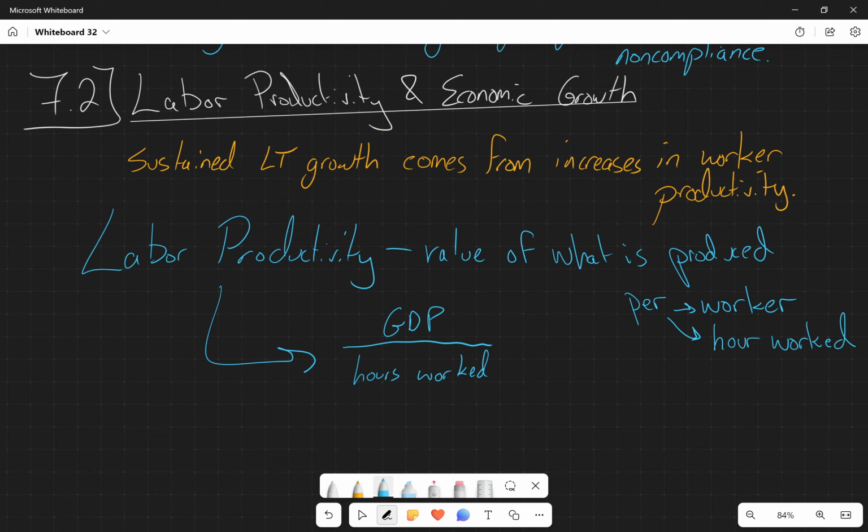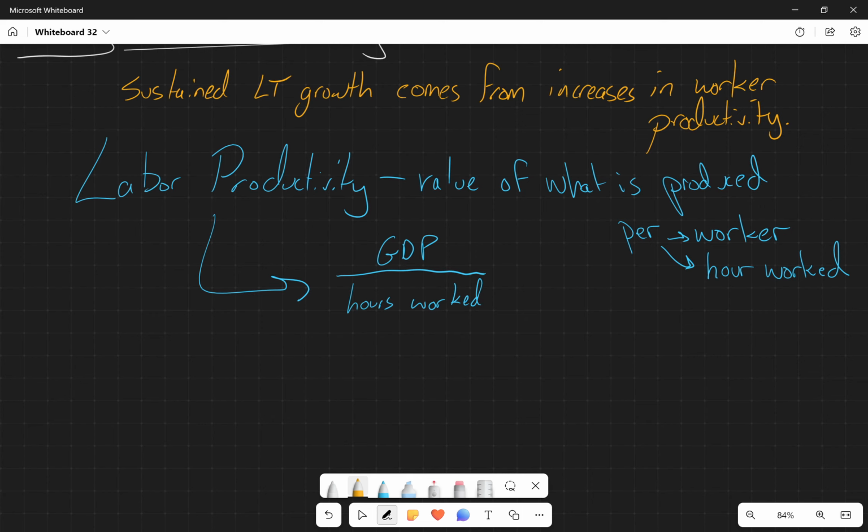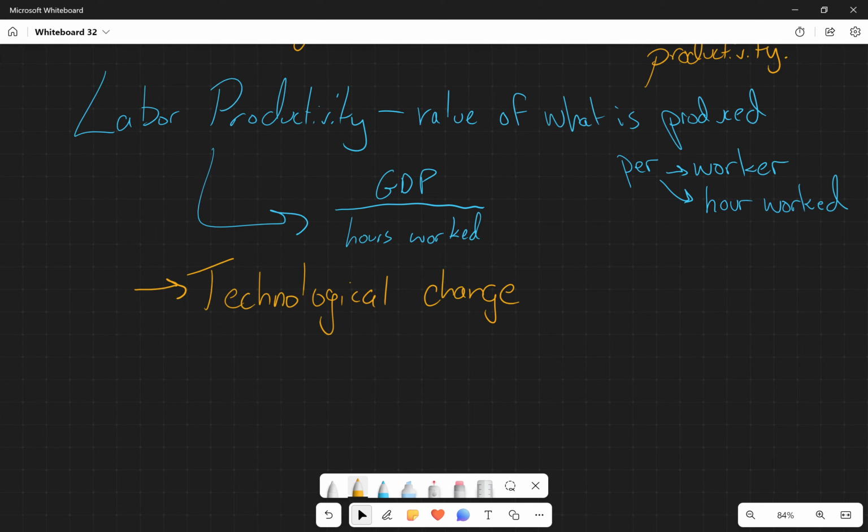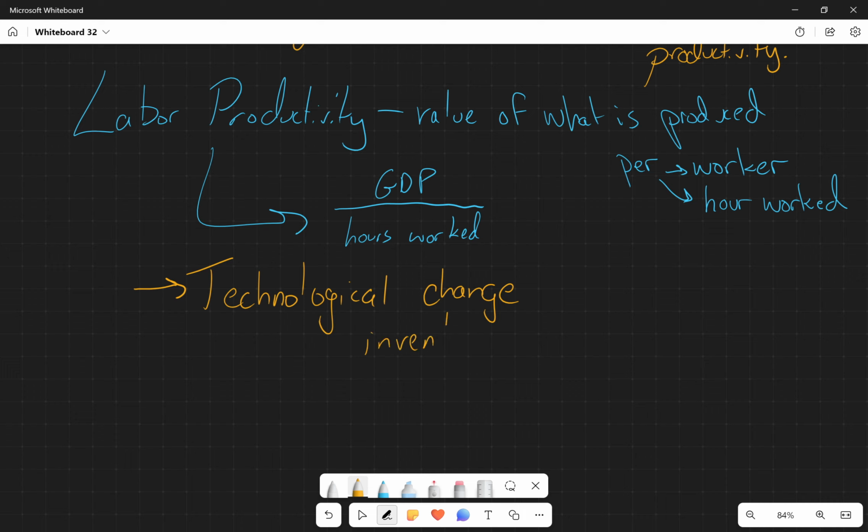So what is it that is determining this labor productivity, right? We talked a little bit about it, that part of the labor productivity is coming from technological change. Technological change is a combination of invention and innovation, where invention is defined as our advances in knowledge.